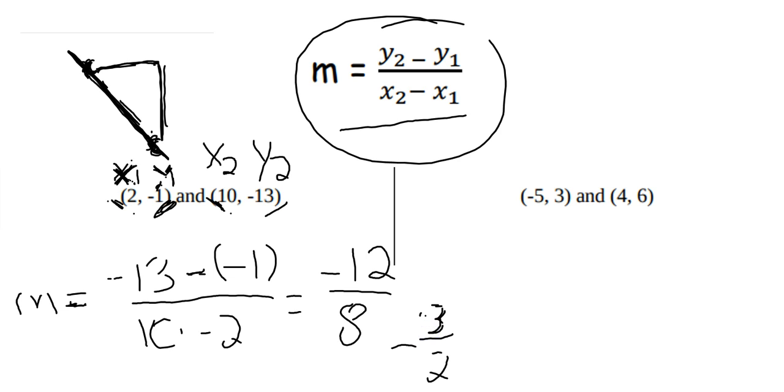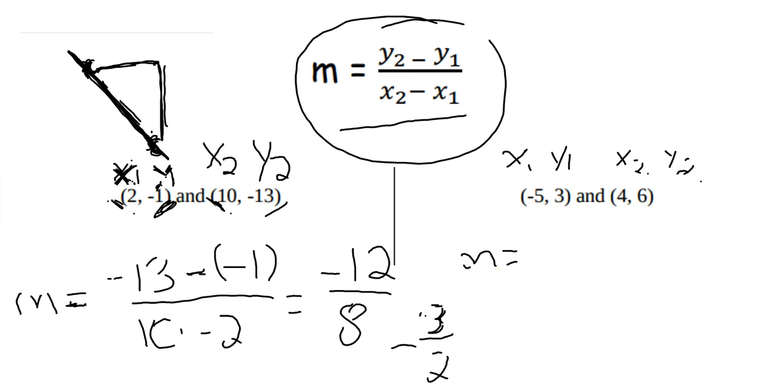I can do the same thing over here, and we'll do another example for the second one. I've got my x1 and my y1, and I have my x2 and I have my y2. So I'm going to put it into this formula.